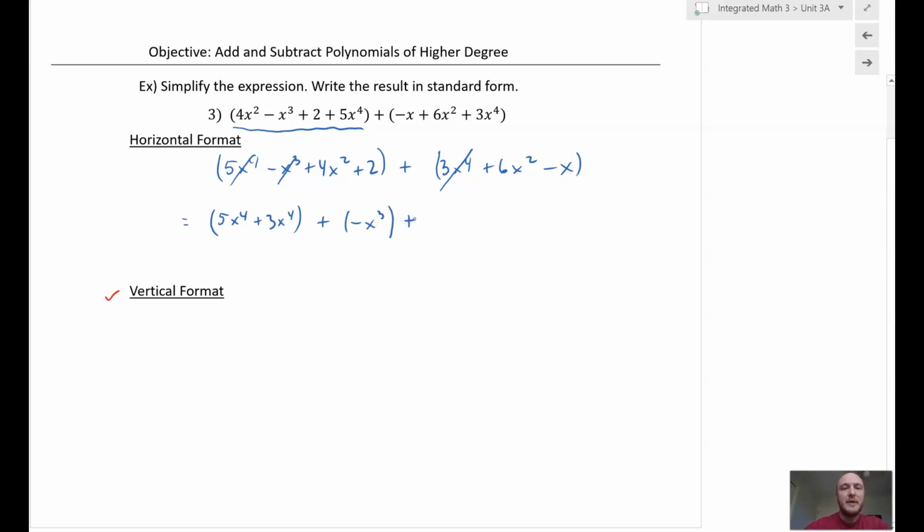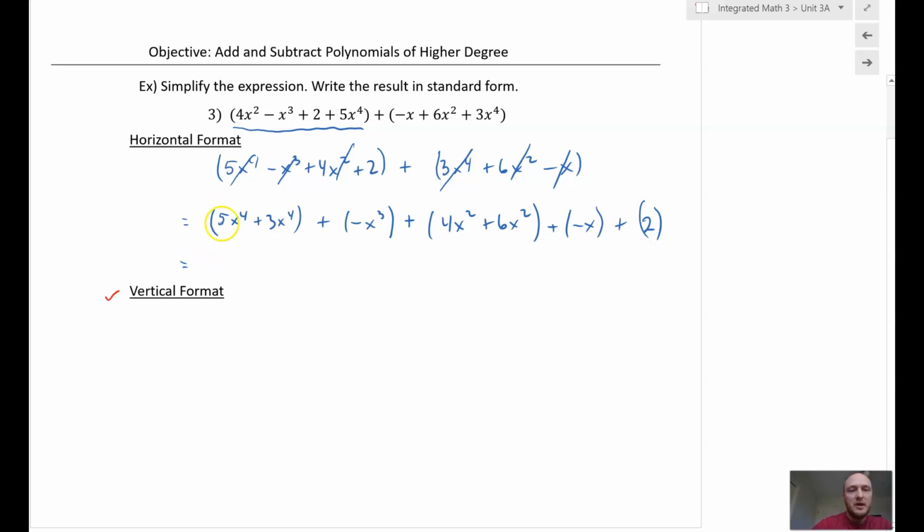Next I'm going to add my x squared terms, so 4x squared plus 6x squared. And then the next term is x to the first, so plus negative x. No x to the first terms over here, and then a plus 2. And you can put that in parentheses if you want.